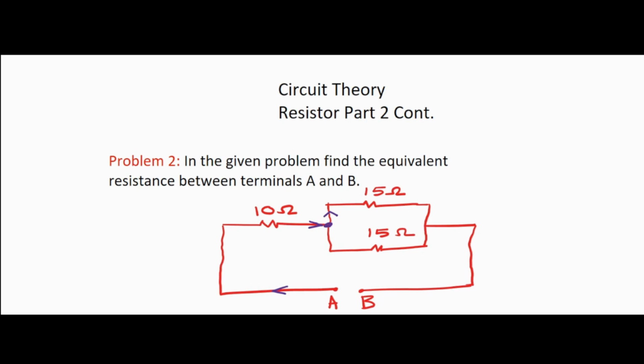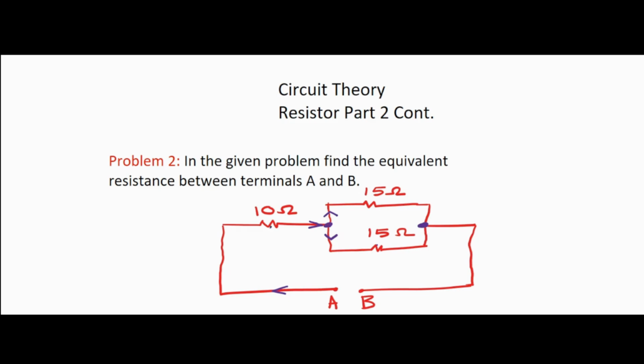In the upper branch, the current passes through one 15 ohm resistor, and in the lower branch, the current moves through the other in this direction. The two currents meet again at a point, so that means these two 15 ohm resistors are in parallel. After calculating the parallel combination of the two 15 ohm resistors, we add the 10 ohms.